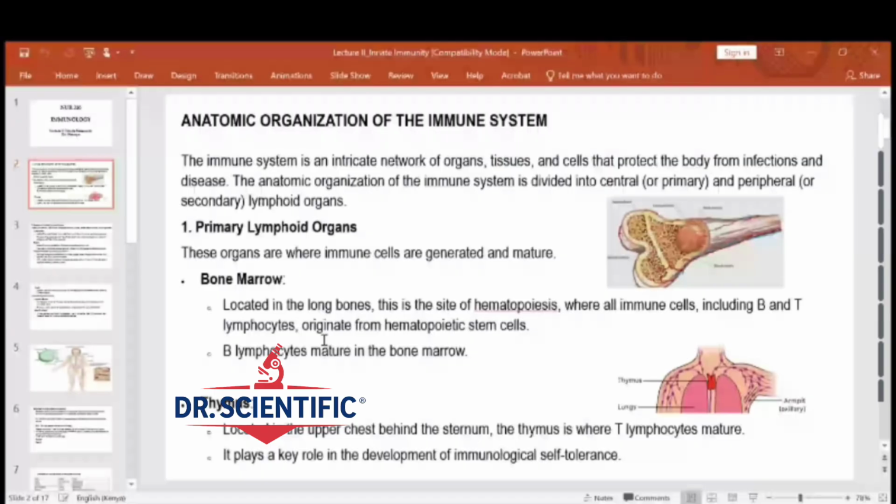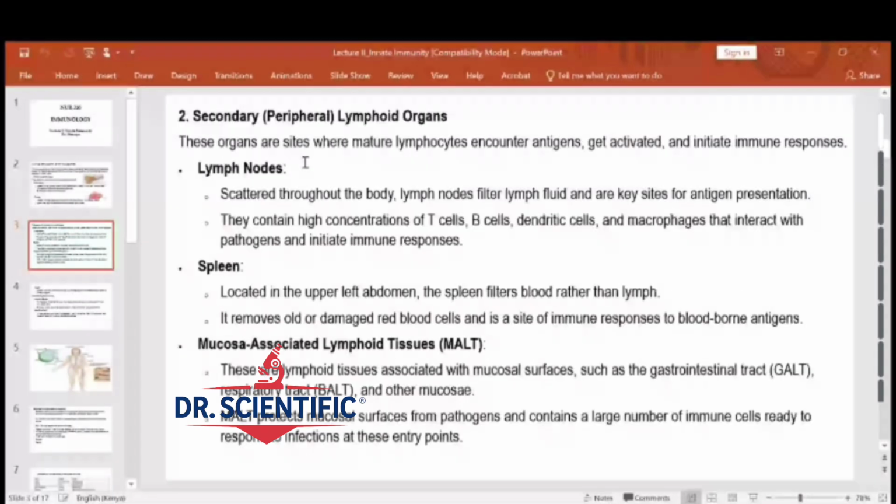Maybe I would classify this in the skeletal system. Thymus, I would put it in the endocrine. Of course, lymph nodes and spleen, I'd put them in the lymphatic.